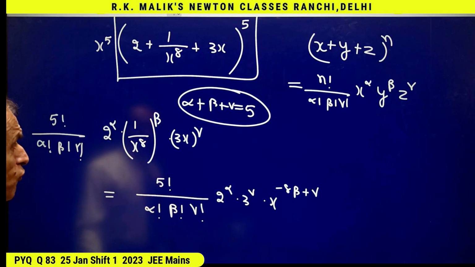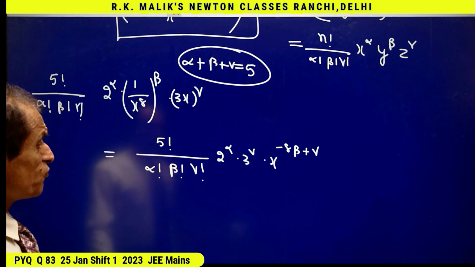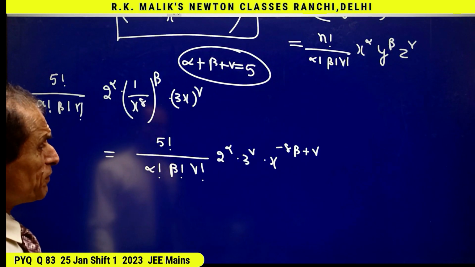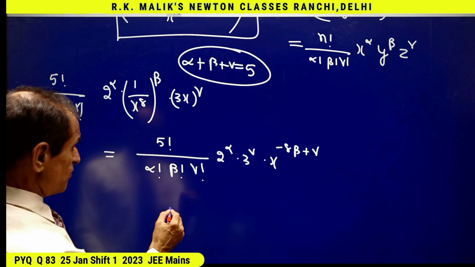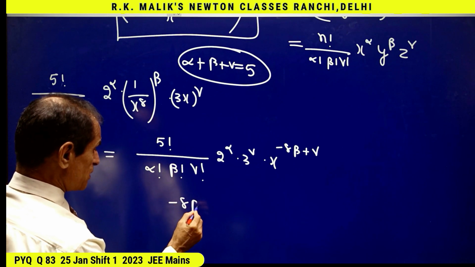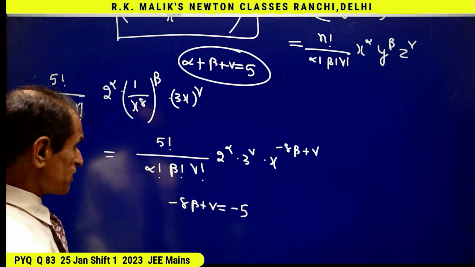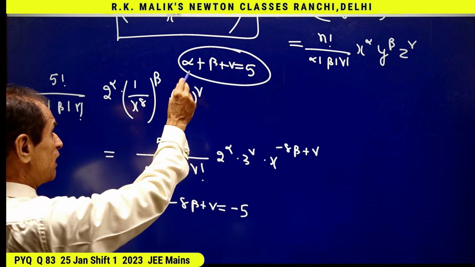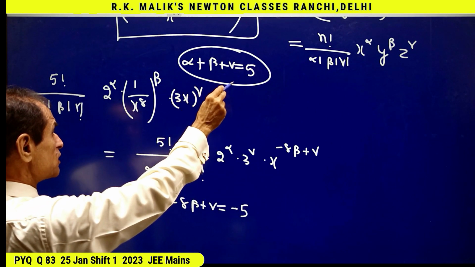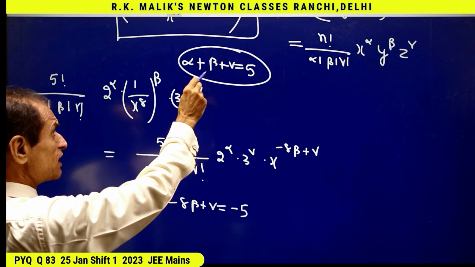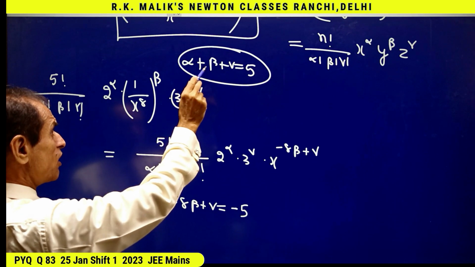And as we have to find the coefficient of x to the power minus 5, hence we will find the value of alpha, beta, gamma such that minus 8 beta plus gamma is minus 5.